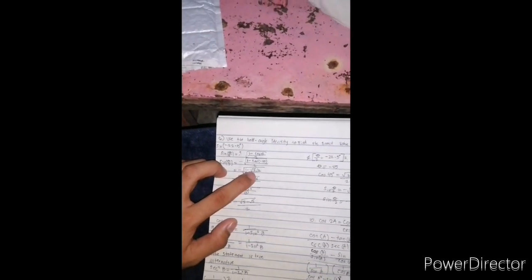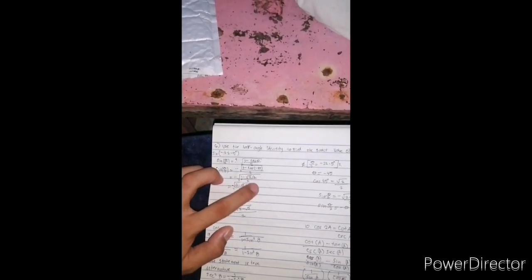Sine of theta over 2 is equal to negative the square root of 1 minus cosine of negative 45 over 2, equal to negative square root of 1 minus square root of 2 over 2, then over 2.